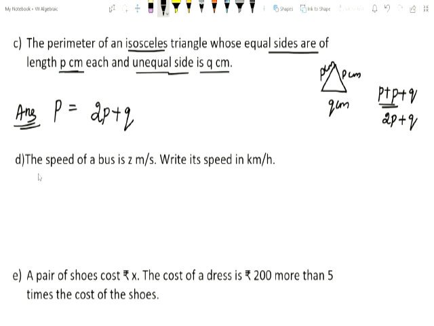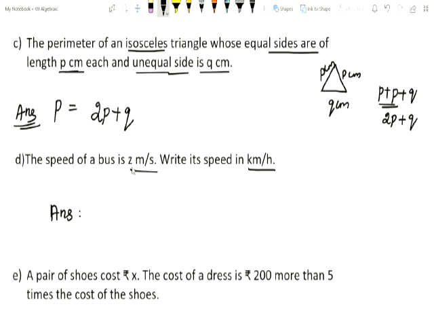See the next one. The speed of a bus is z meter per second. Write its speed in kilometer per hour. If you want to convert meter per second to kilometer per hour, you have to multiply by 18 by 5. Here Z is given.